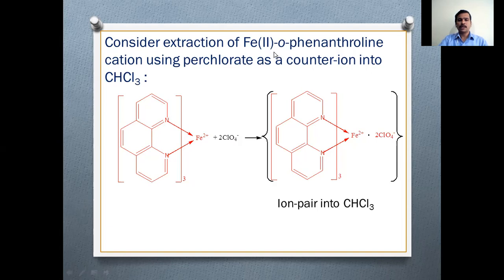So let us plan the extraction of this iron 2 in the form of the iron 2 1,10-phenanthroline metal chelate by treating it with a suitable counter reagent, and the counter reagent is going to be the perchlorate anion. If you extract this ferroin with perchlorate anion into chloroform, this is going to be the ion association complex. So the ion pair ferroin perchlorate, iron 2 1,10-phenanthroline perchlorate ion association complex, is extractable into chloroform.